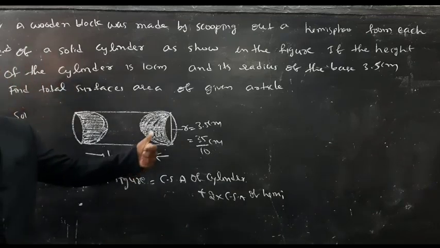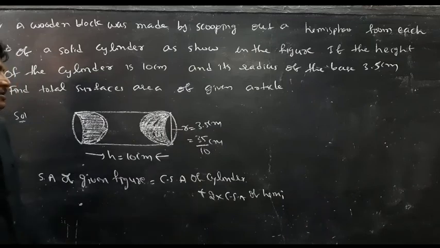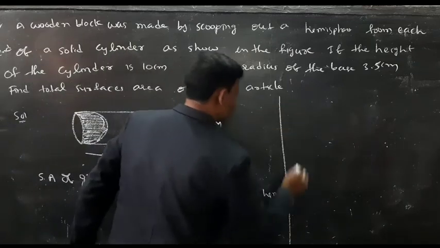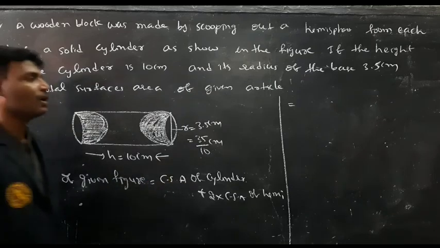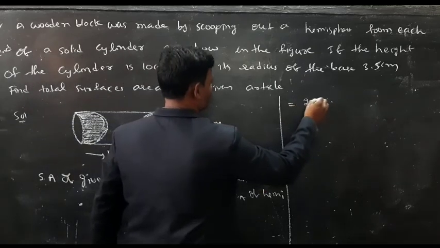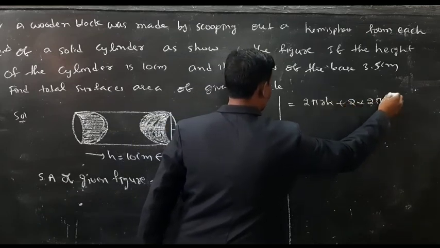What is the formula to find curved surface area of the cylinder? 2 pi RH plus 2 into hemisphere 2 pi r square.